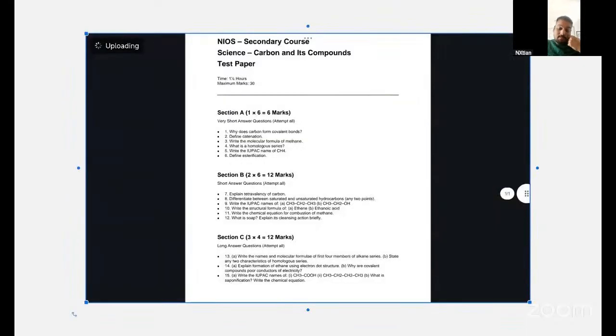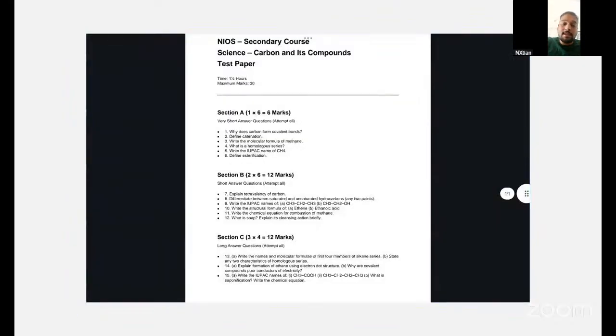I didn't write the cation and anion part. Carbon goes for covalent bonding because it cannot make ionic bonds. And why is it not able to make ionic bonds? Because it cannot make a cation as well as an anion. So these are the reasons.